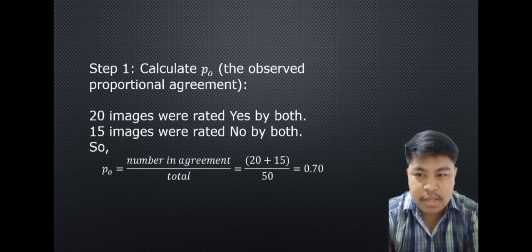So, we just add the 20 images that were rated yes by both and the 15 images that were rated no by both. This is our number in agreement. And for our total, the total images is 50. So we add 20 plus 15, which is equal to 35, and divide it by 50, resulting to 0.70.